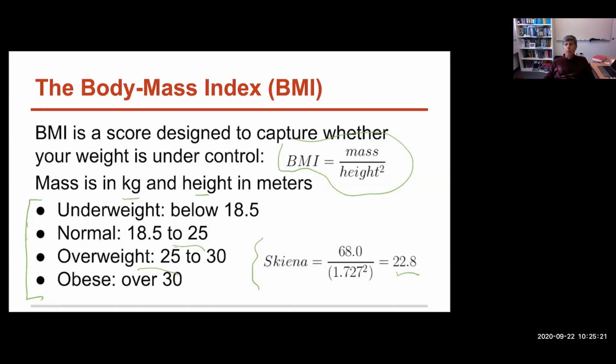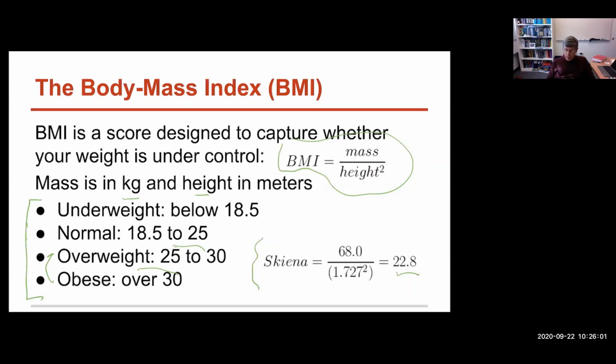There was a news report about Trump when he was running the first time, where he gave what his weight was, and then suddenly his height grew by an inch, and that inch was enough to move him from the obese category into the overweight category by BMI. Any questions about BMI? Does everybody see that this is a scoring function? It takes measurements about you and produces a one-dimensional number. Any questions about that?